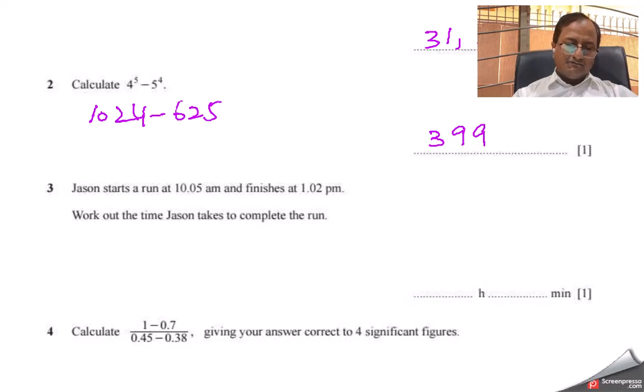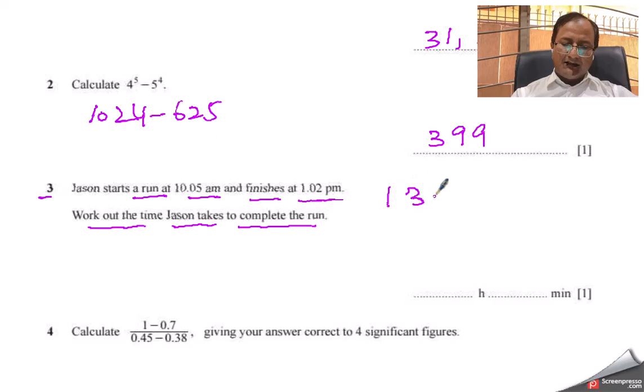We have another question. Jason starts a run at 10:05 a.m. and finishes at 1:02 p.m. Work out the time Jason takes to complete the run. We are supposed to find his journey time. If we change the time into 24-hour clock notation, 1:02 p.m. gives us 13:02, and similarly we have 10:05. We are supposed to subtract these two times.